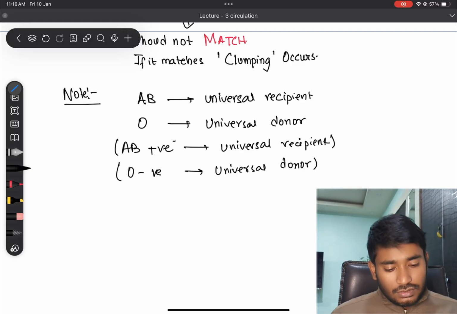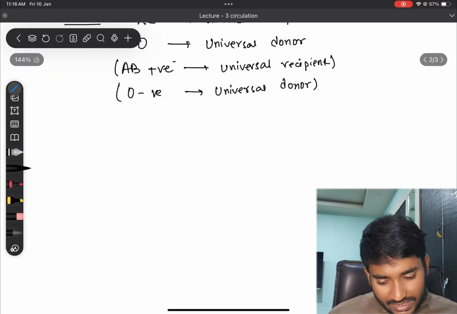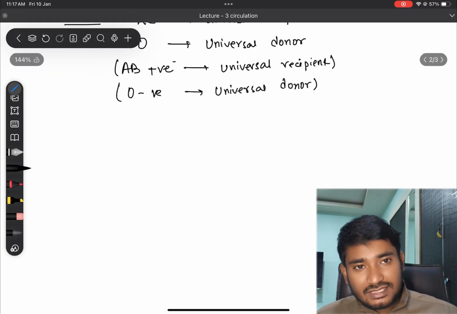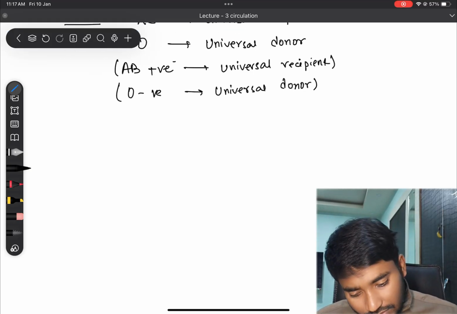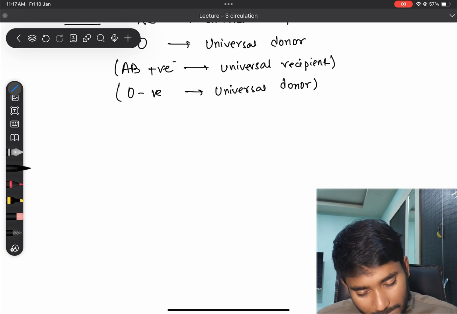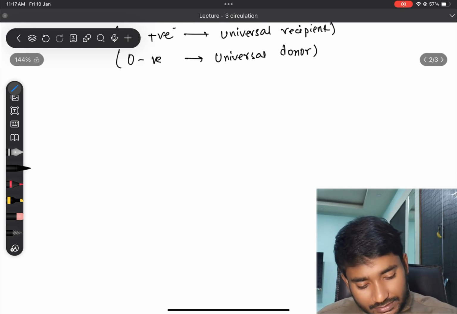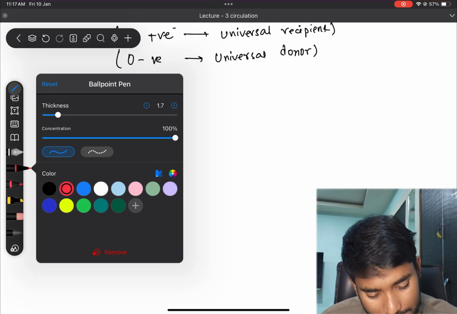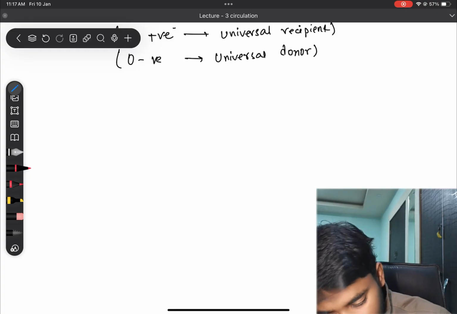Now we come to the next part, Rh grouping, that is the Rh factor, the rhesus factor. This is a very important part.